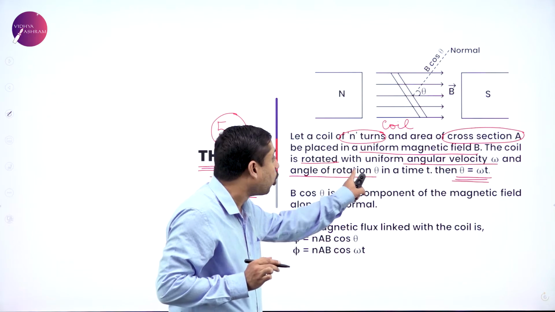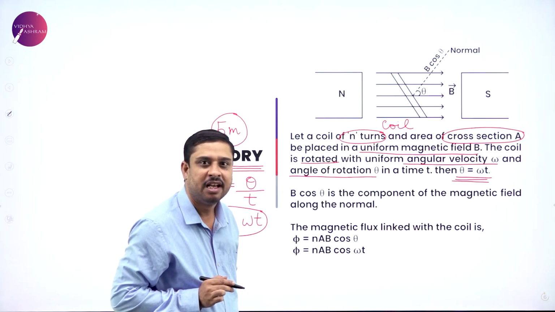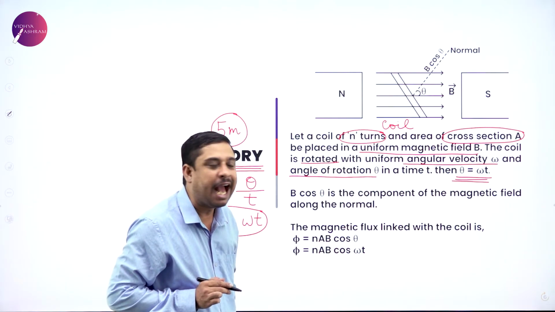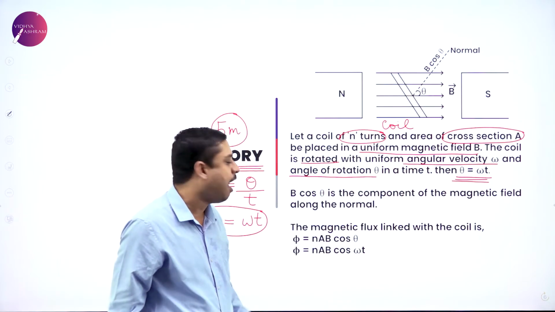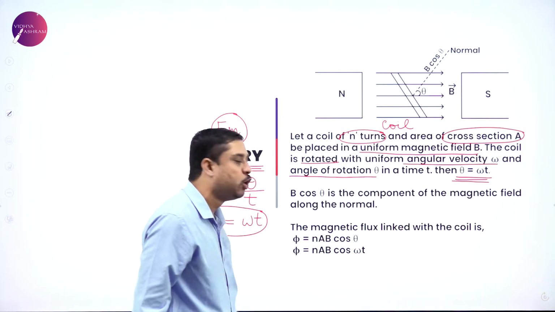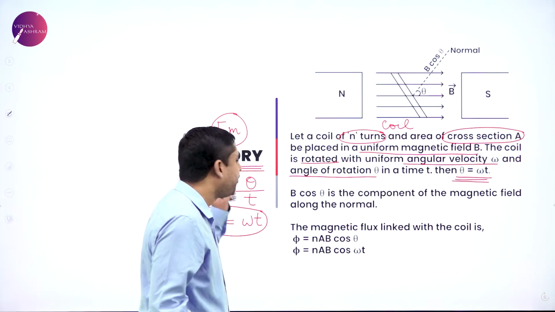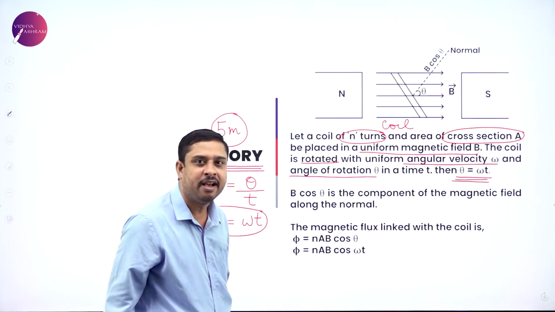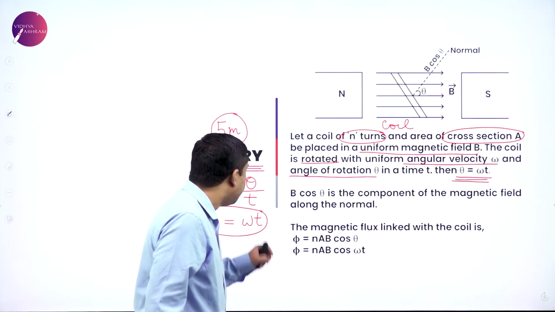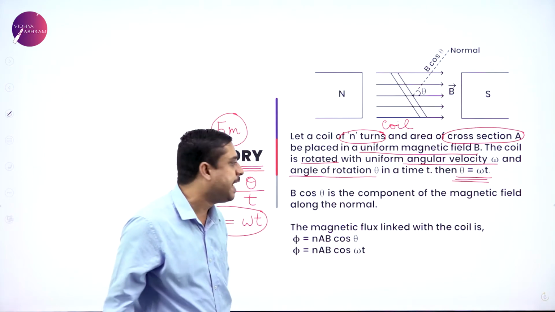The angle of rotation, the so-called angular displacement, theta is omega into t. Why? By definition, omega is theta divided by t, or theta is omega into t.